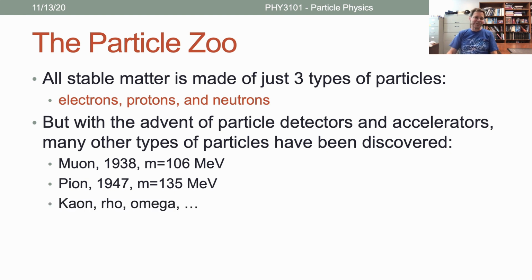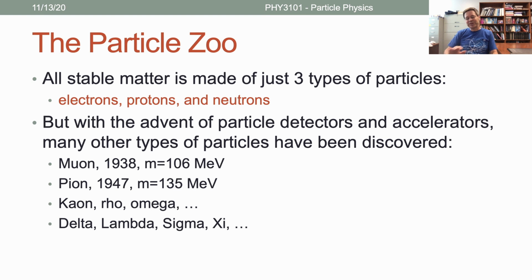But that's not all. In the 60s, a family of kaons was discovered. A rho meson was discovered. An omega baryon was discovered, and even an omega meson. And deltas and lambdas and sigmas and xi's. The particles just kept going on.